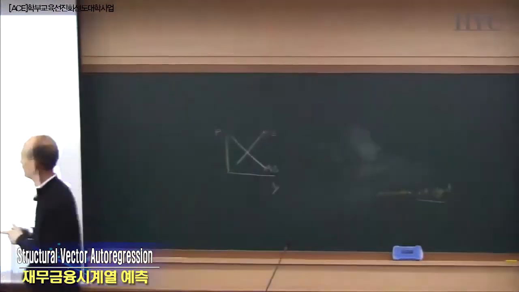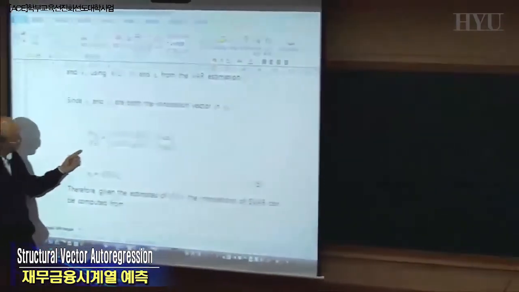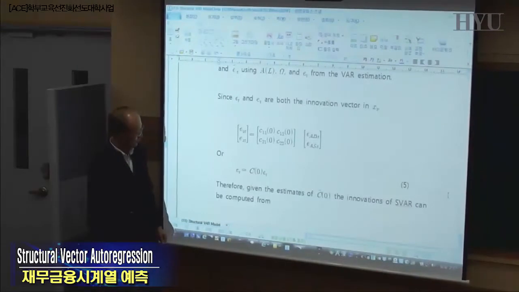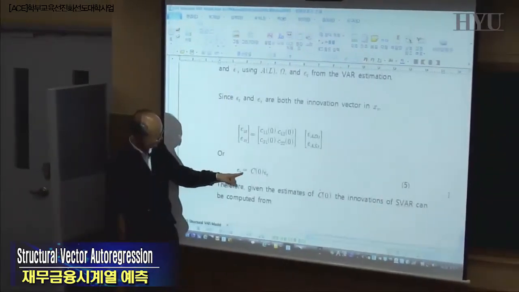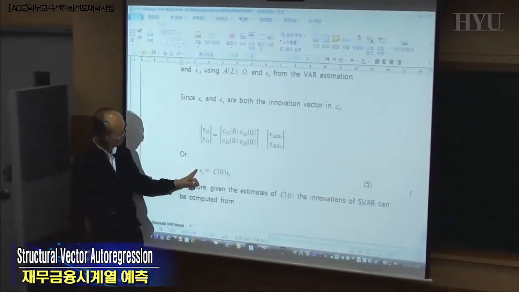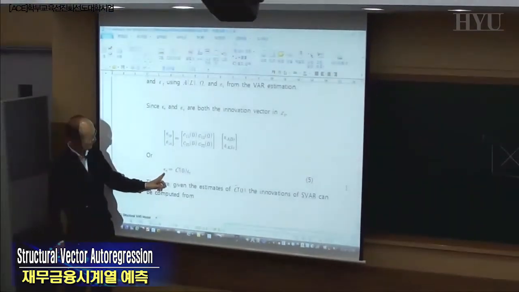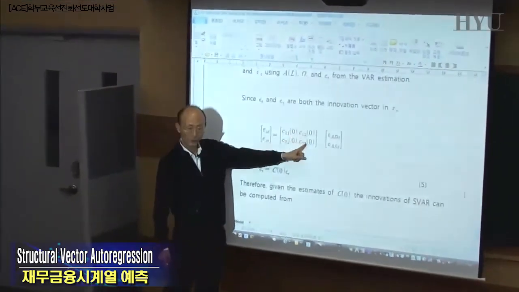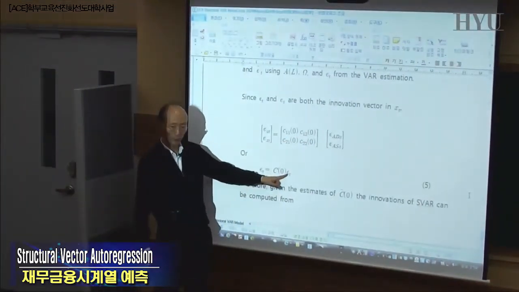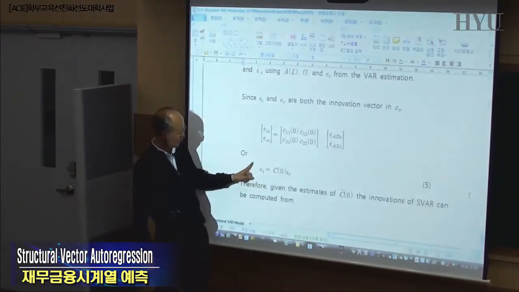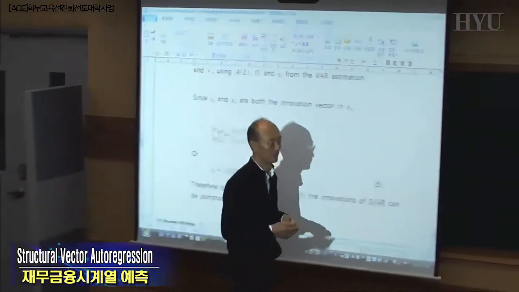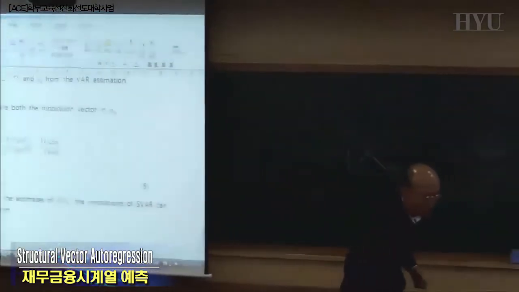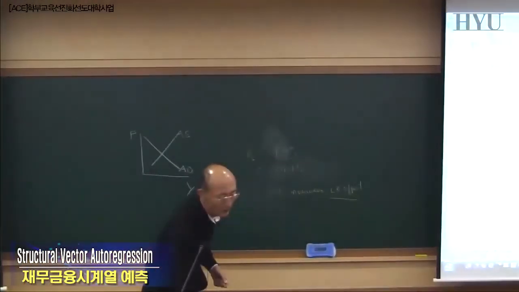So we get this relation. So if you can get this one from the ordinary VAR, as long as you know these 4 numbers, you can calculate epsilon t equals C0 inverse multiplied by e t. Right? Like that.